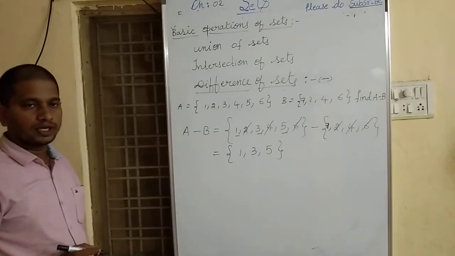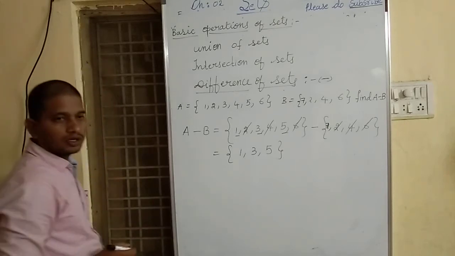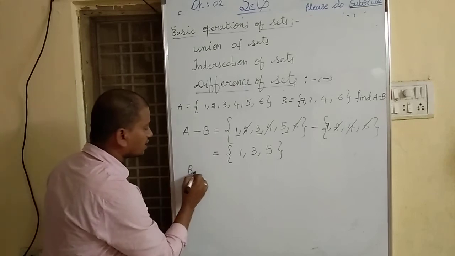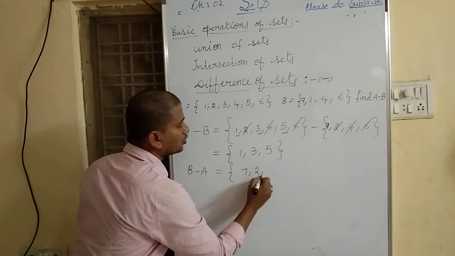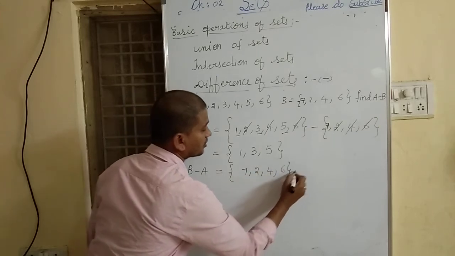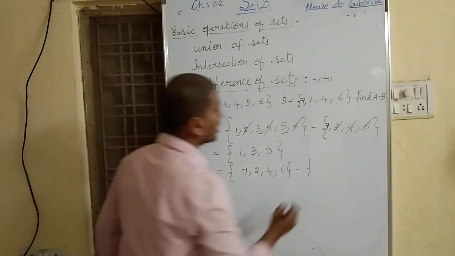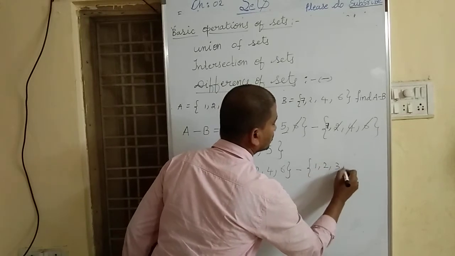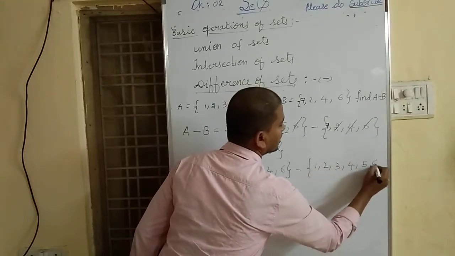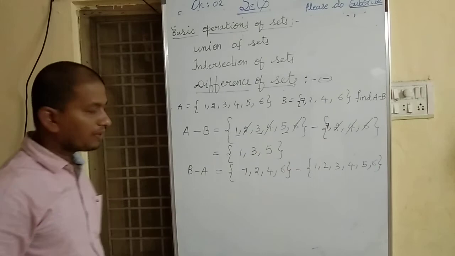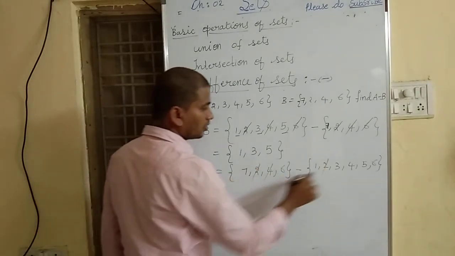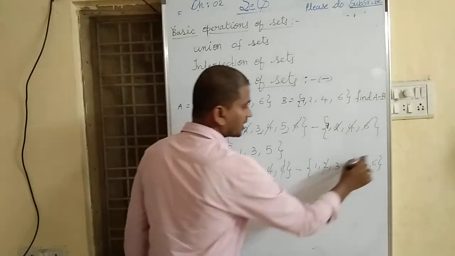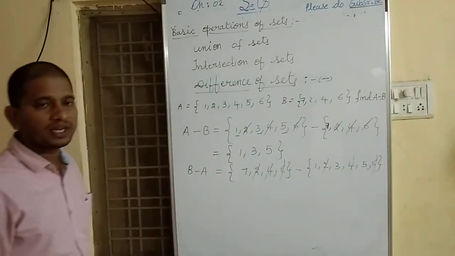Suppose they ask to find B minus A. What is B? B is 7, 2, 4, 6, minus what is A? A is 1, 2, 3, 4, 5, 6. For B minus A, 2 gets cancelled, 4 is common, 6 is common. What is B minus A?